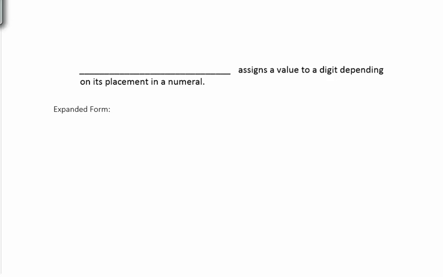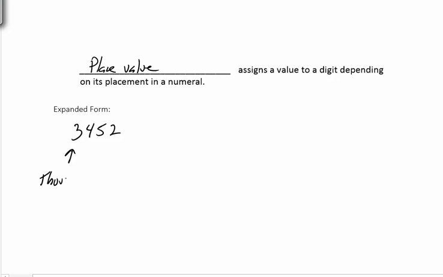All right, place value assigns a value to the digit depending upon its placement in a numeral. So let's take something like 3452. What do we actually mean that to represent? Well, this furthest position we refer to as the thousands position.